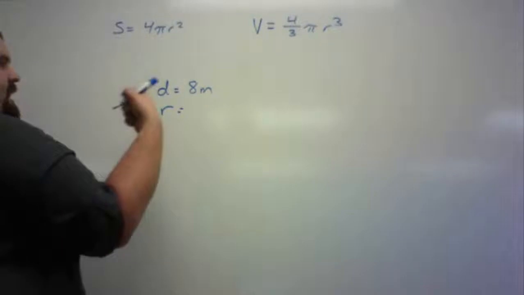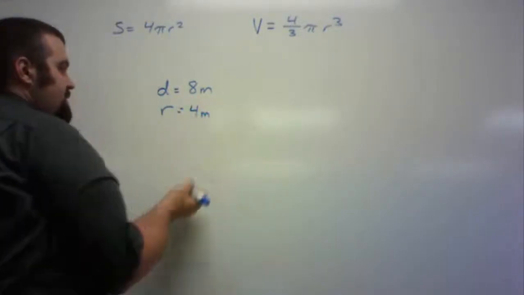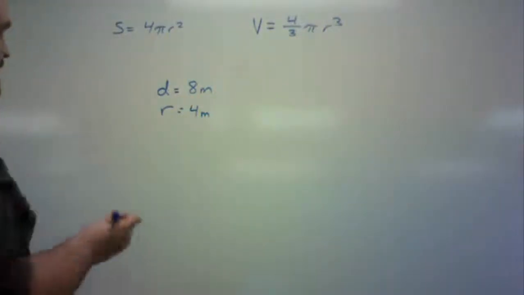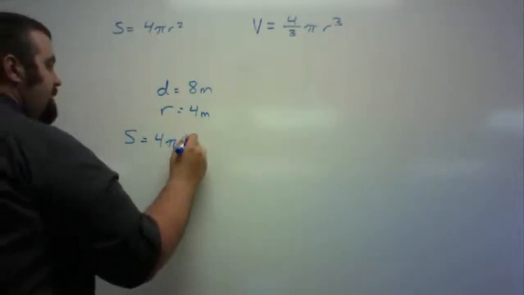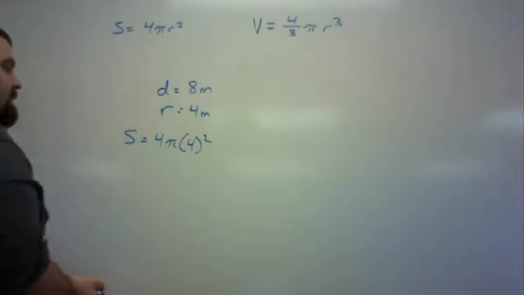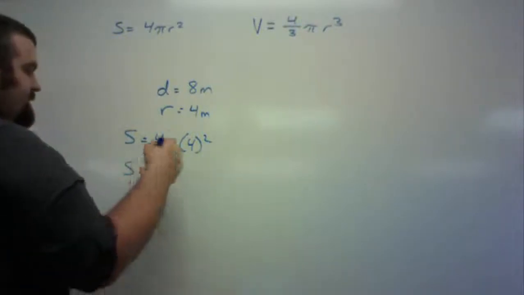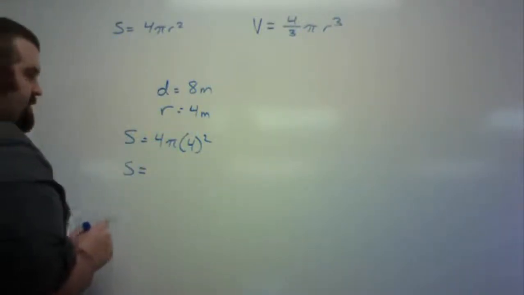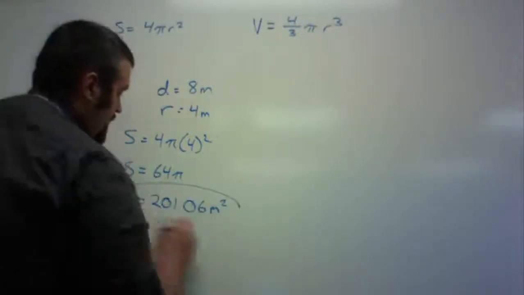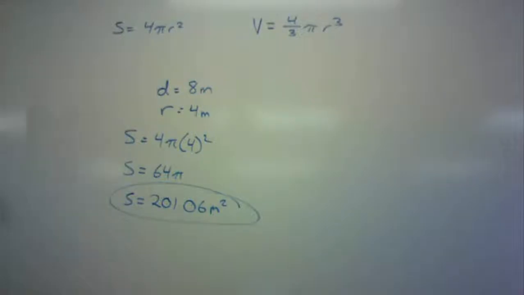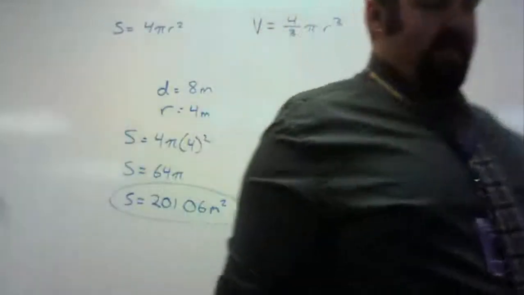The radius is half the diameter, so the radius is 4 meters. To find the surface area, 4 pi r squared, 4 pi 4 squared, so the surface area is 4 times 16, so 64 pi, and calculator time, 201.06 meters squared.